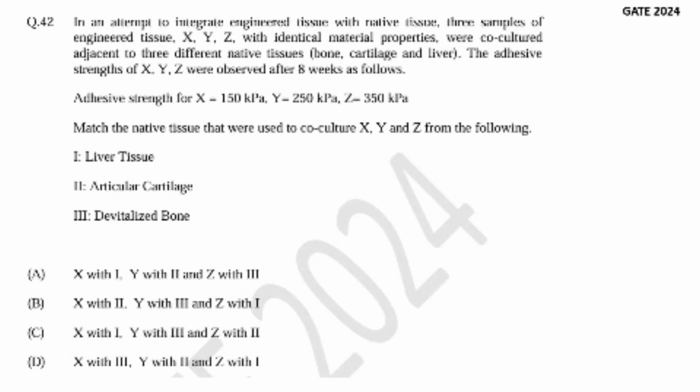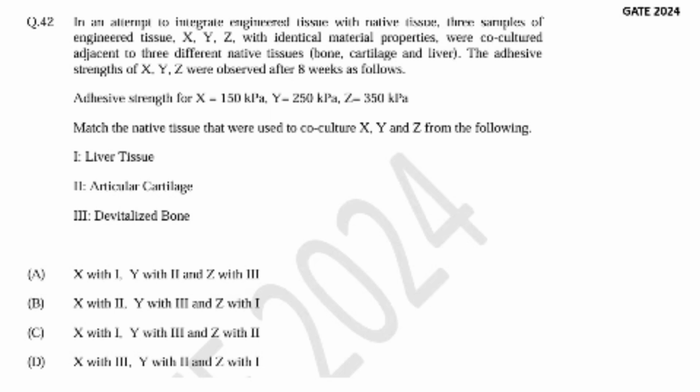Articular cartilage is soft and more compliant, and its adhesive strength is typically moderate. Devitalized bone is dense and rigid tissue which would generally exhibit a higher adhesive strength due to its mineralized and structured nature. So now we move to analysis of the answers.